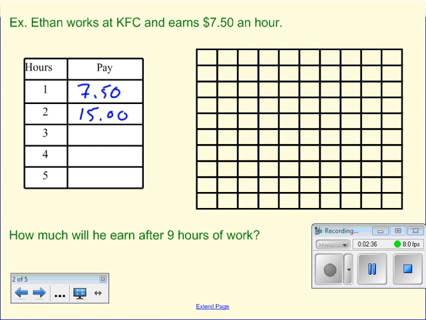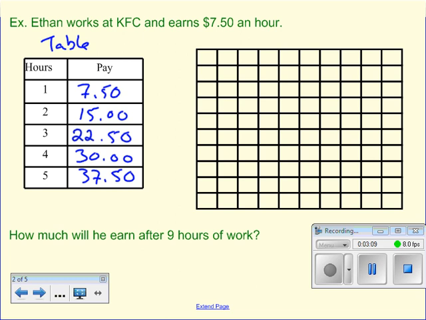Then 3 hours, he's going to earn $22.50. And then he's going to earn $30 after 4 hours, and $37.50 after 5 hours. So every single hour, he's going to get paid another $7.50. And for a table of values, that's one way to represent this.